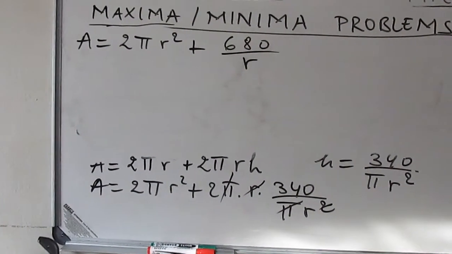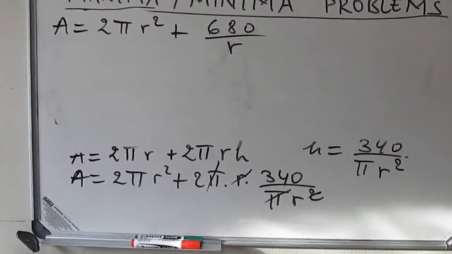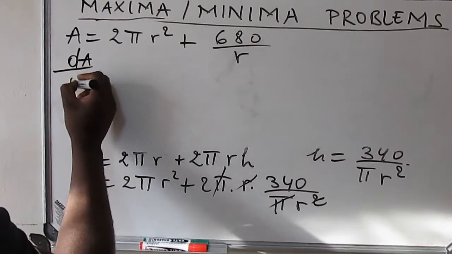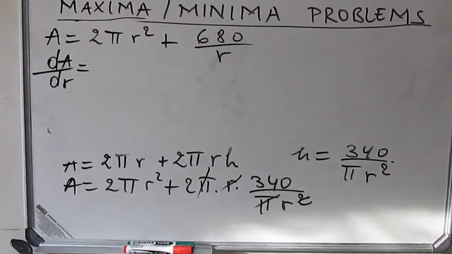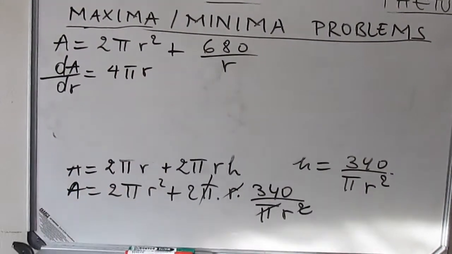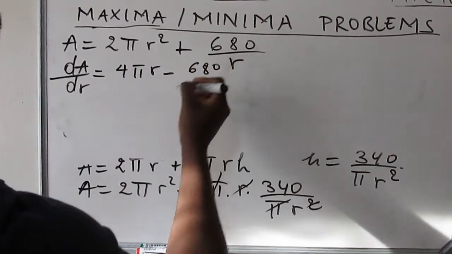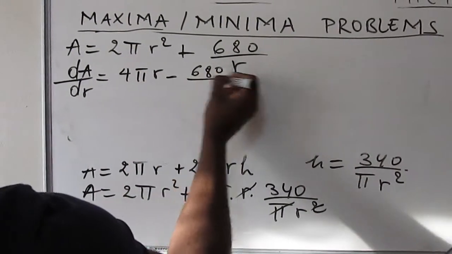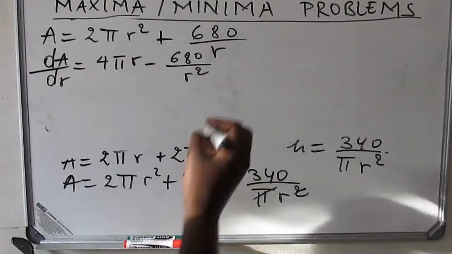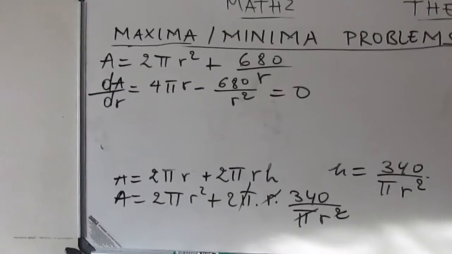Then after this, we're now going to differentiate this equation, the area. So it's going to be dA over dr, and when we differentiate this we're going to have 4 pi r. Then when we differentiate this, it's going to be negative 680 over r squared. Now we say this is equal to 0, in order for us to find r, the radius, okay.